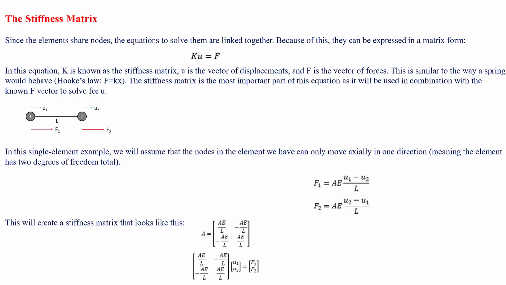When you solve for the stiffness matrix, it is AE by L, minus AE by L, minus AE by L, and AE by L. Once you put this into the above formula, this is what you get. So in short, the stiffness matrix is the simplification of the entire differential equations into linear equations to provide you the results accordingly. I hope it's clear.